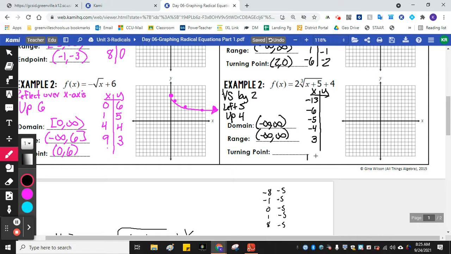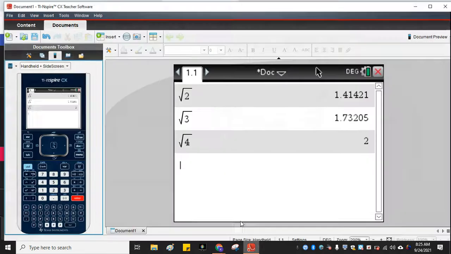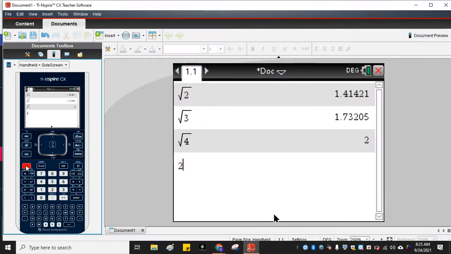And then there are 2 transformations happening to my y values. So it's kind of easier just to plug in these new numbers and then get your y values. So we're doing 2 times the cube root of the numbers we chose plus 4.